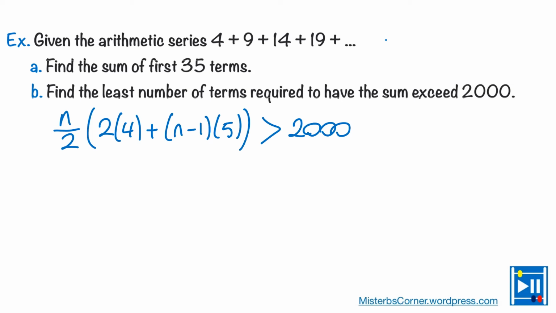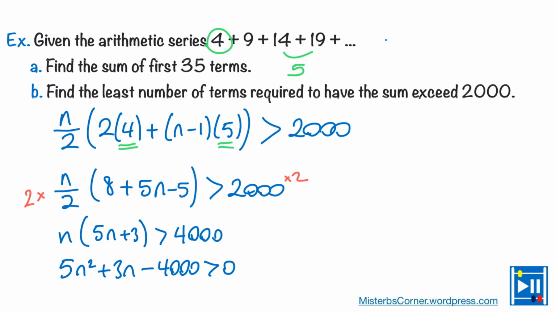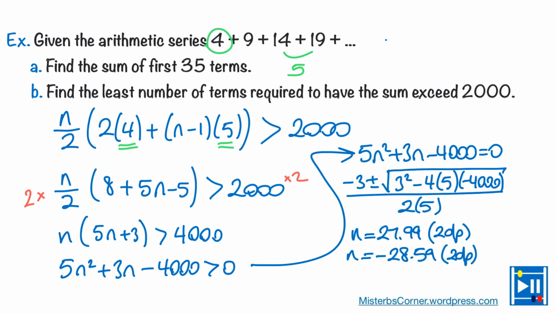So I substituted the first term, which is 4, and then the common difference, which is 5. Right, now I'm going to manipulate the left-hand side, try to simplify it, and if I consider this quadratic inequality as an equation, I will get n to be 27.99 to 2 decimal places, and minus 28.59.